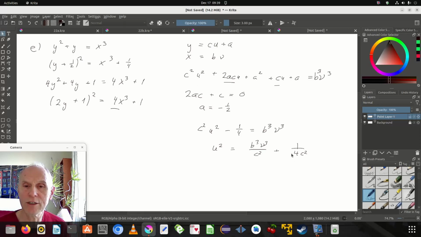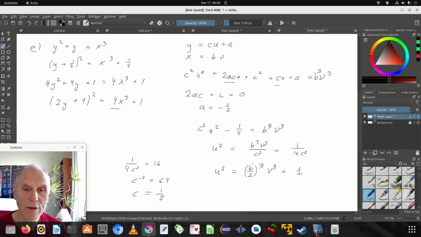We needed 16 here, so that tells us what c must be. And this is possible if b equals 2.